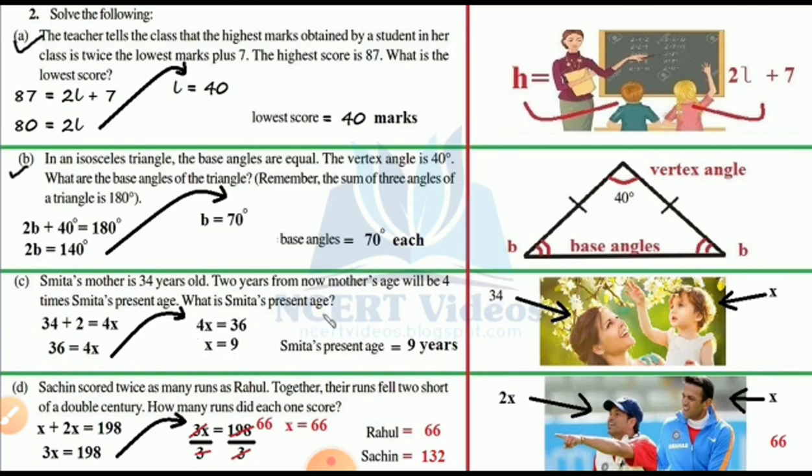Yes, here the variable is x. And it is 4x, 4 times, mother's age 34 plus 2 will be 36 years. 36 is equal to 4x. x is equal to 9. So Smita's present age is 9 years.